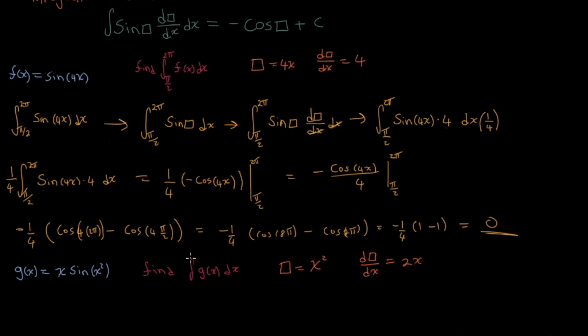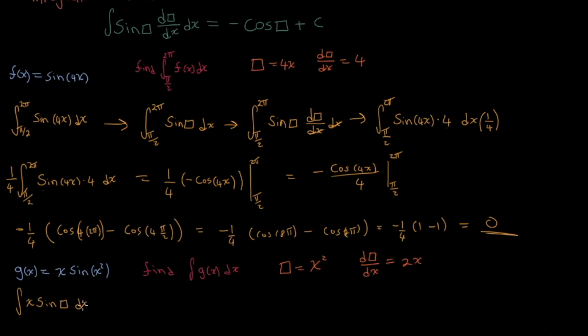So we'll come on over here and write. We can substitute those placeholders in. So what we get is the integral of x times sine box dx.